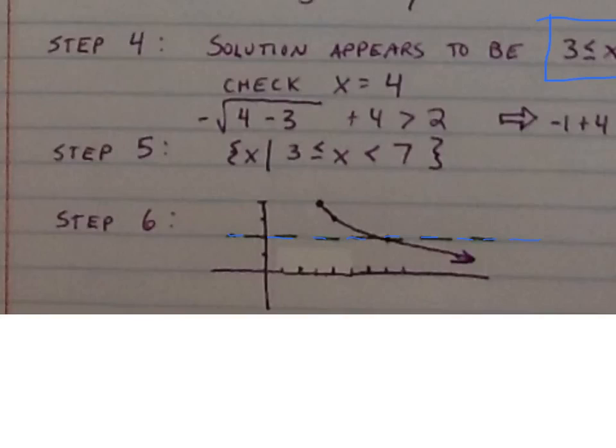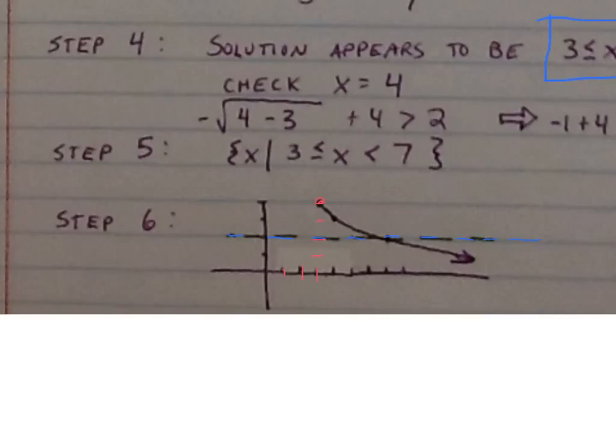And then I graphed the equation. And the equation had a shift to the right of 3 units. So 1, 2, 3. And then a shift up 4 units. 1, 2, 3, 4. So there's the start point.